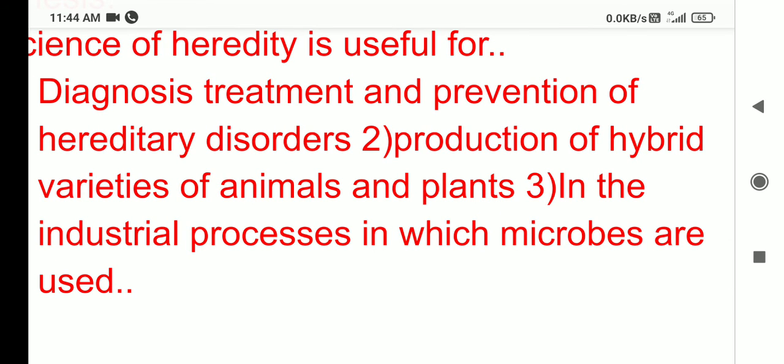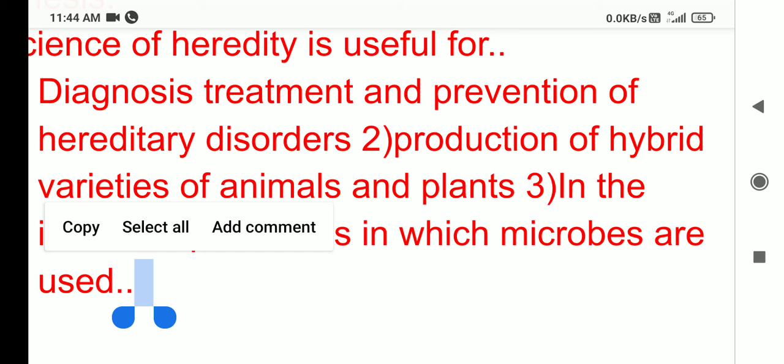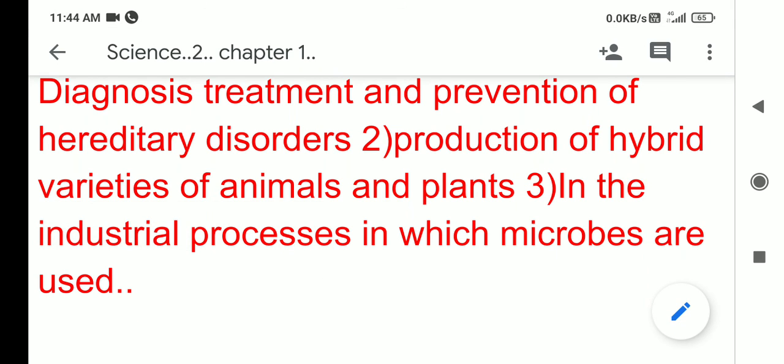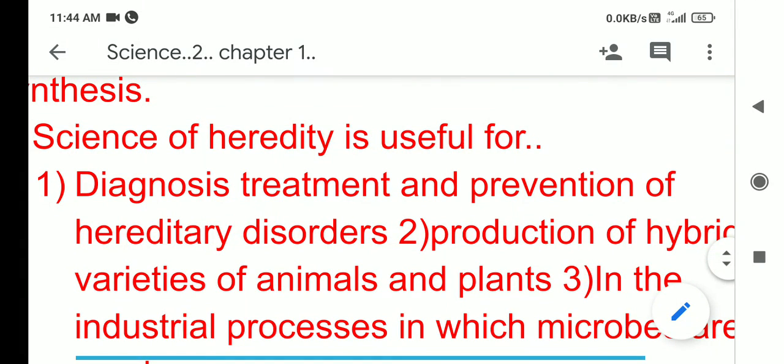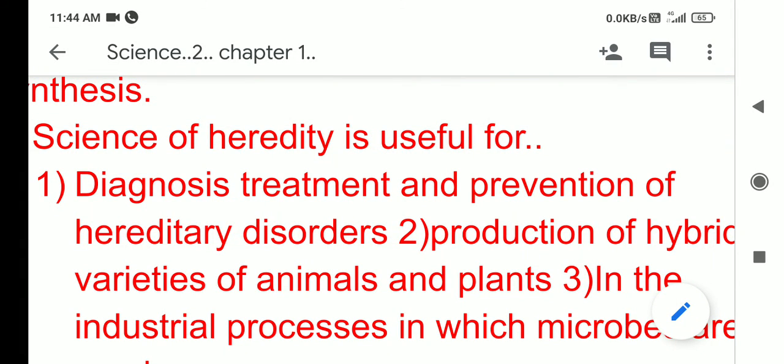In the industrial process, hereditary science is useful in those processes in which microbes are used. Thus, this hereditary science is useful in various fields of life, and so this must be studied.